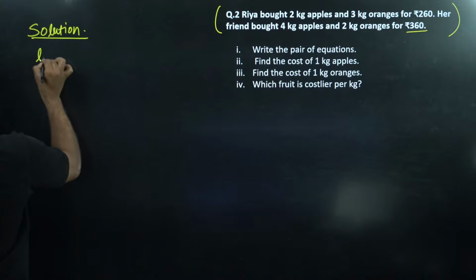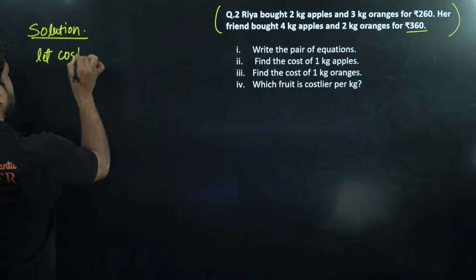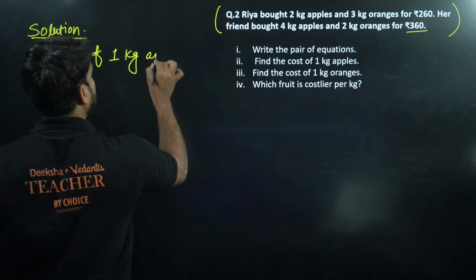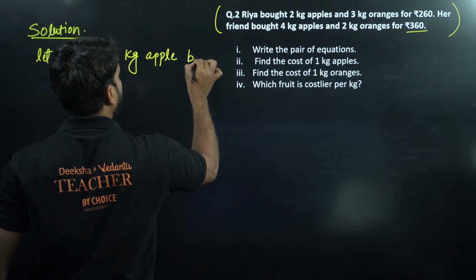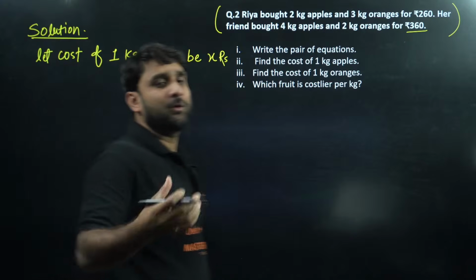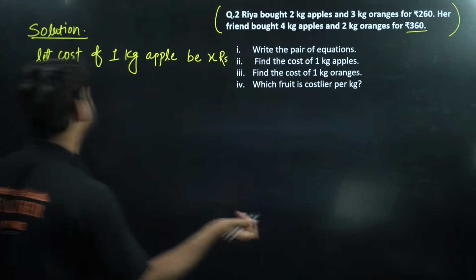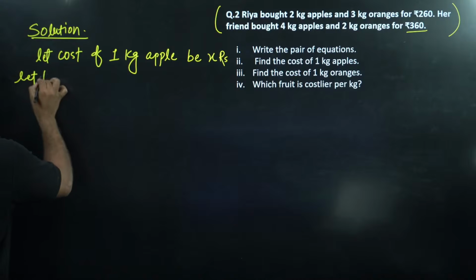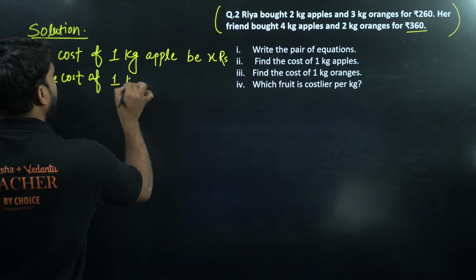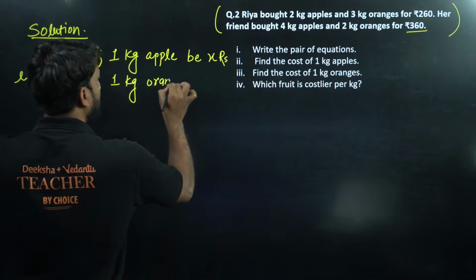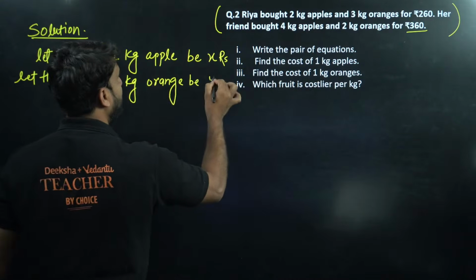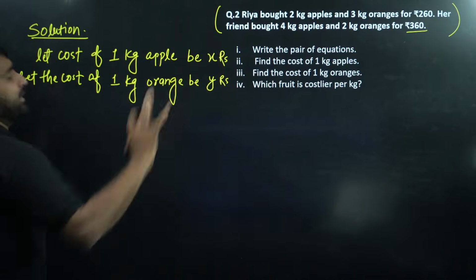Let the cost of 1 kilogram apple be X rupees, and similarly let the cost of 1 kilogram orange be Y rupees. Two fruits are there, no? We are talking about apples and oranges, very good.